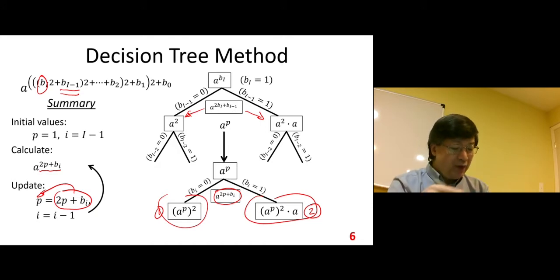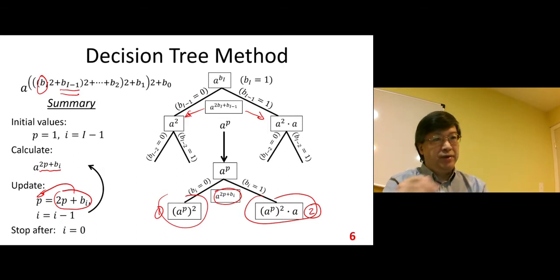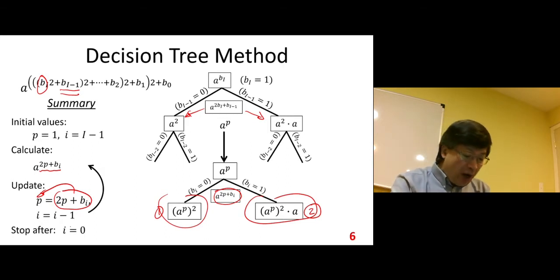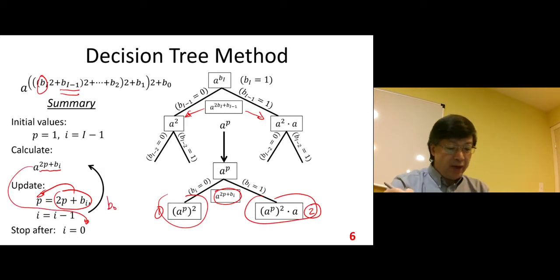We keep doing that, but we need to stop somewhere. So we need to set a stop point. Stop after I equals 0. When I equals 0, we still do the calculation, because we have the B0 bit. We still do the calculation, but after that, we stop.